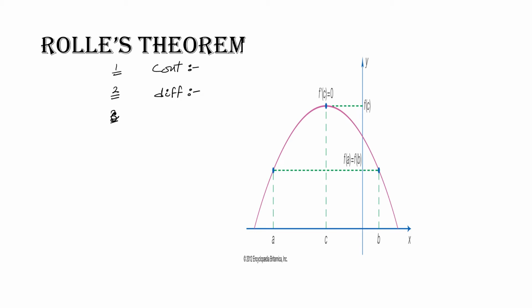And the last condition is that f of a equals f of b. If so, then in between a and b, there lies a c value where the derivative at that point, at point c, is equal to 0.